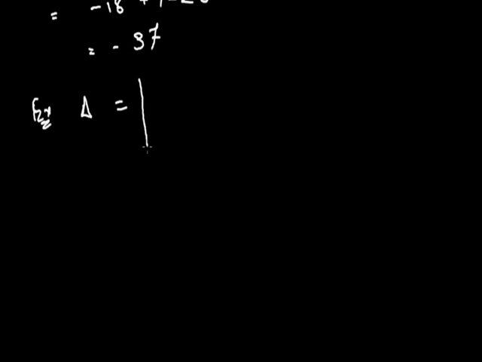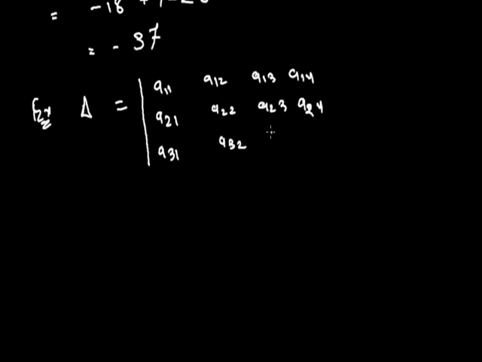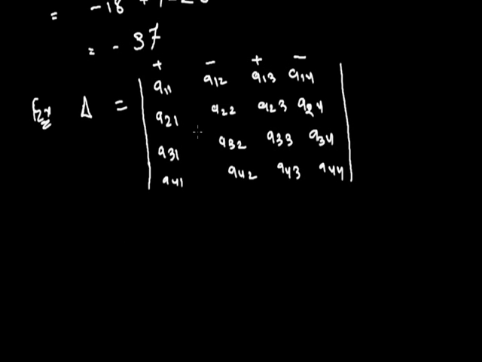Let's take the example: A11, A12, A13, A14, A21, A22, A23, A24, A31, A32, A33, A34, A41, A42, A43, A44. Similarly, the signs are plus, minus, plus, minus.